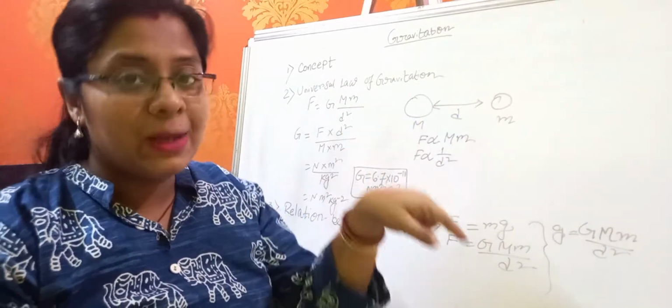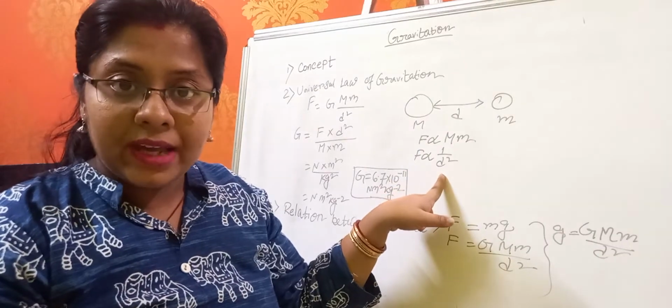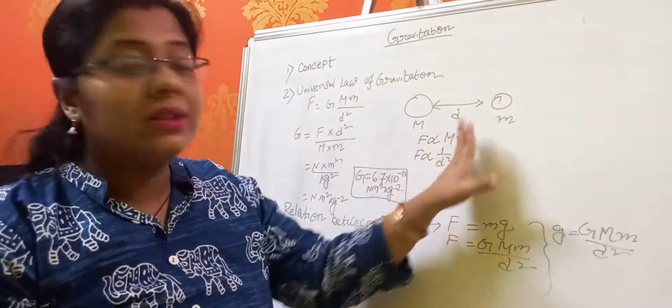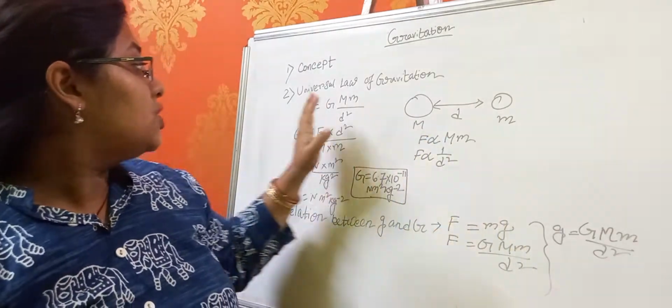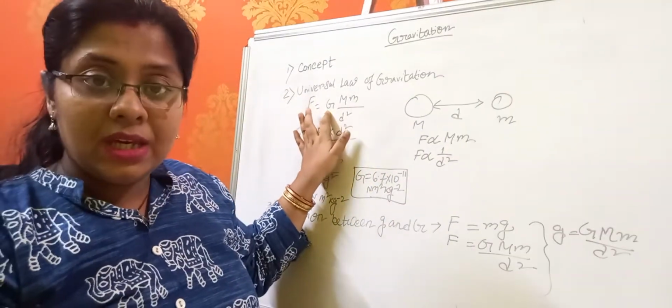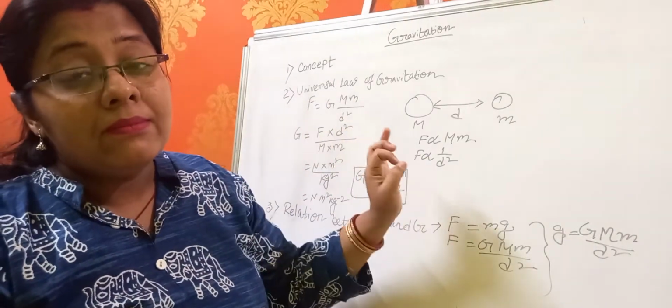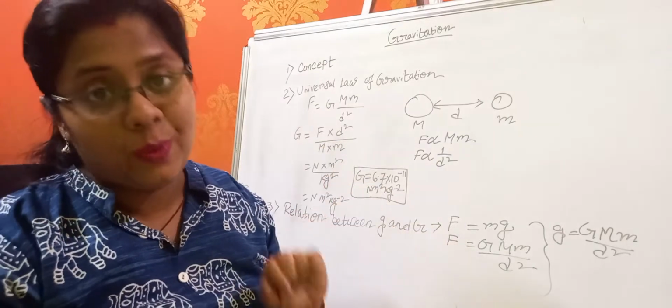So inversely proportional, that is 1 by d square. Now these two things I am combining. After combining, I get F equal to capital G into capital M into small m divided by d square.